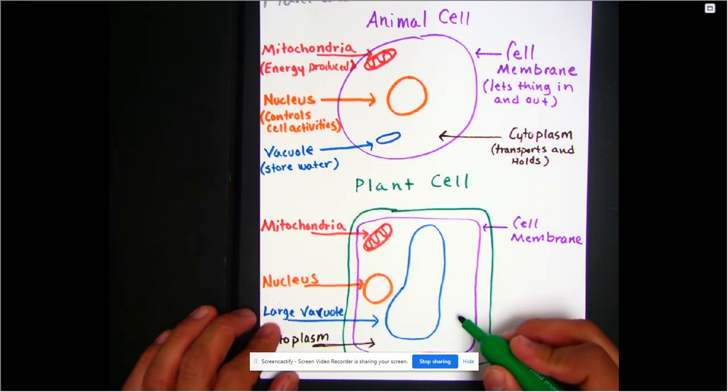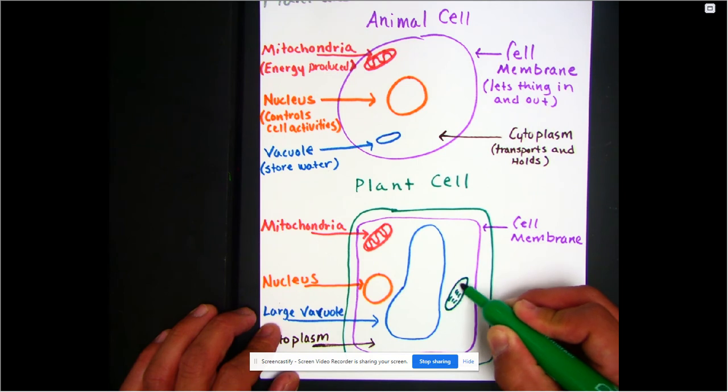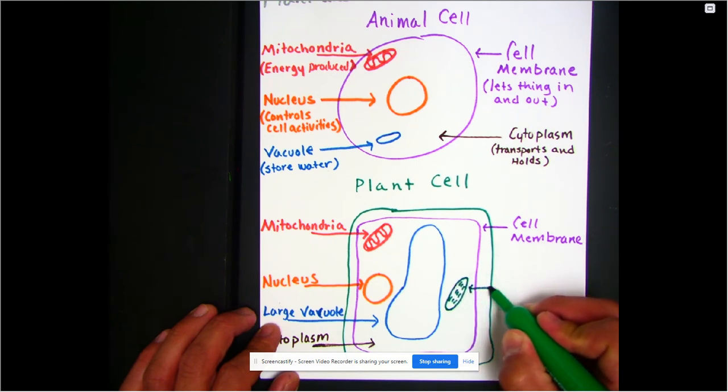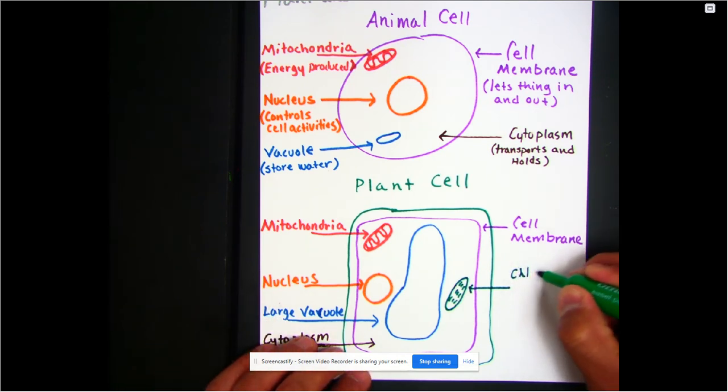Okay, so we're gonna draw out this one here. Remember, it kind of looks like there's pancakes stacked inside of it, right? And that is your chloroplast.